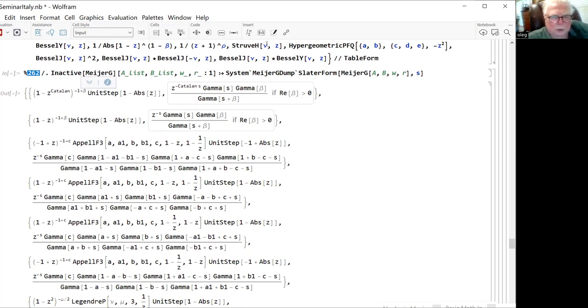Then I used an internal command, but I have already new code for doing such things. And for each transform, for example, this transform, the kernel for the Weyl transform, we have seen gamma divided by gamma, and this is a constant, gamma beta constant.